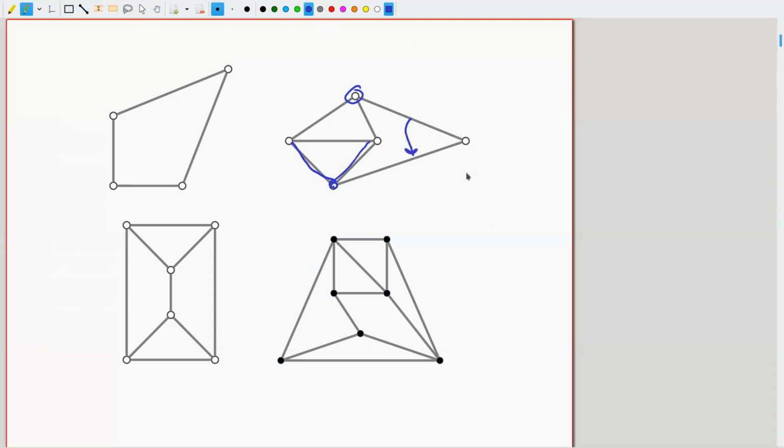And then what I would get is just a framework like this. And obviously now this vertex can rotate around. So for the same graph with a different realization, I can get something that is flexible, but this particular one is rigid. But in this case, what I really have to do is coincide these two vertices. There is no other way to make it flexible.